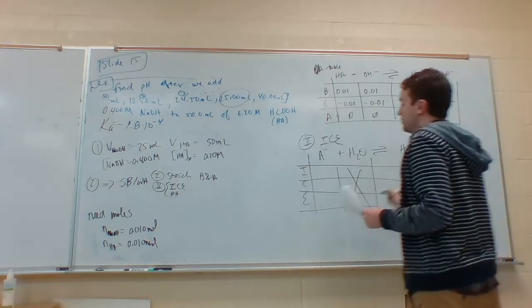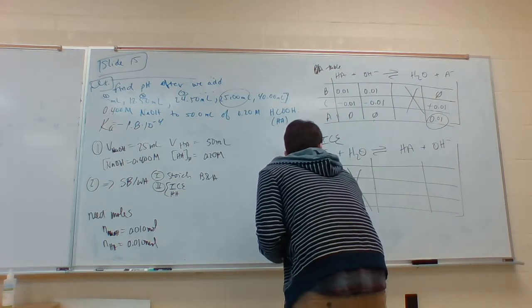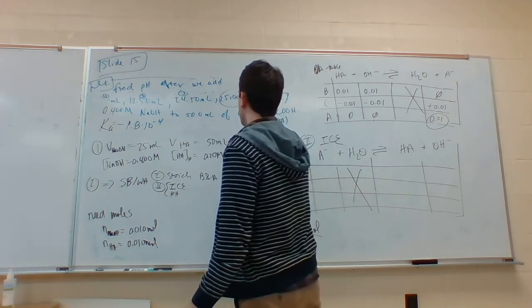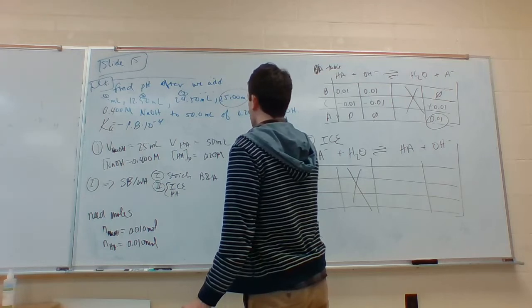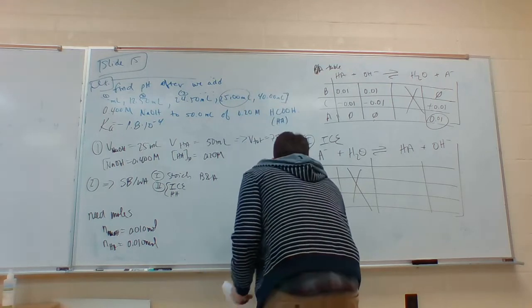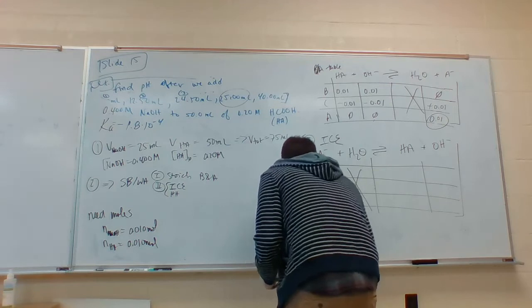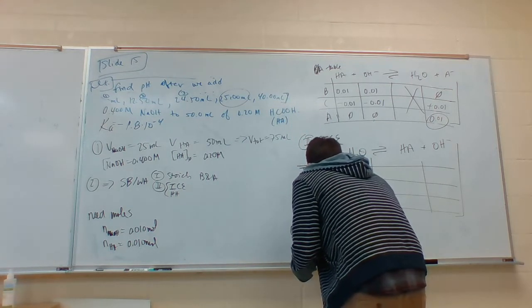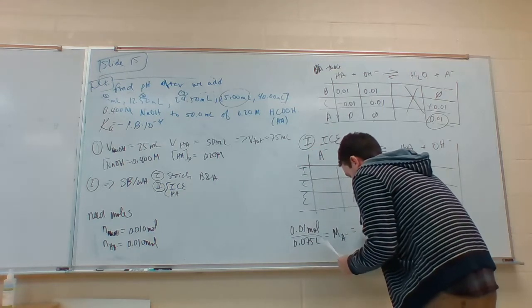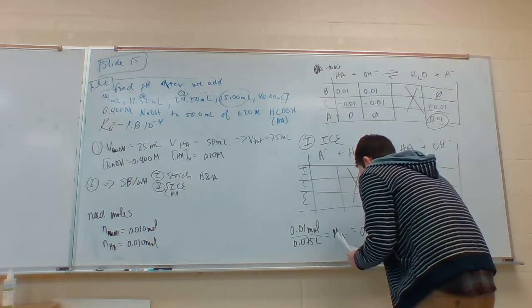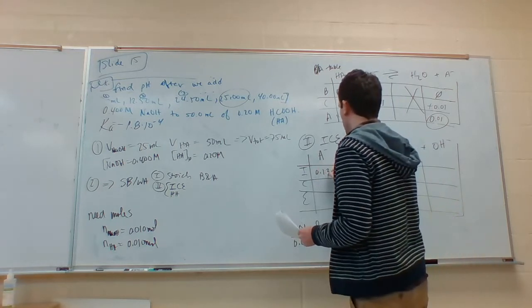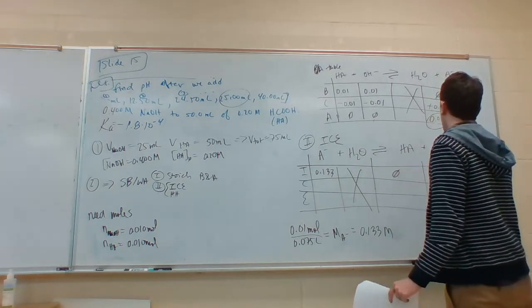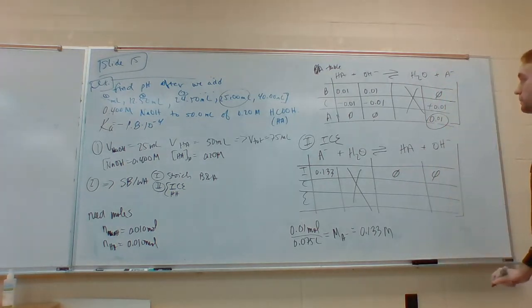So if we take our number of moles, 0.01 moles, and we put that over our total volume, which is 75 milliliters, 0.075 liters, that will give us a concentration of our conjugate base, which is 0.133 molar. Now remember, we assumed that it went all the way to completion, so we have no HA and no OH minus, okay?